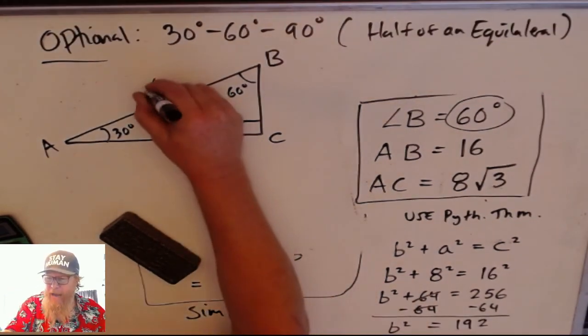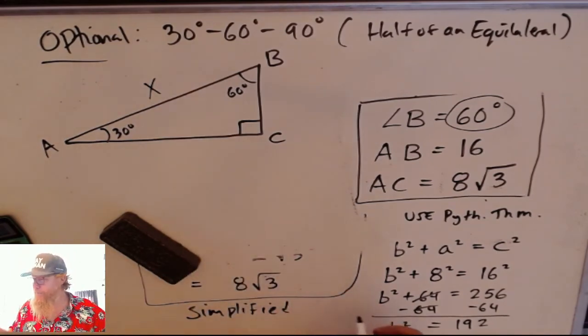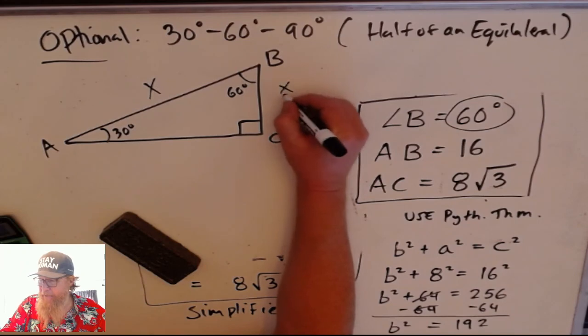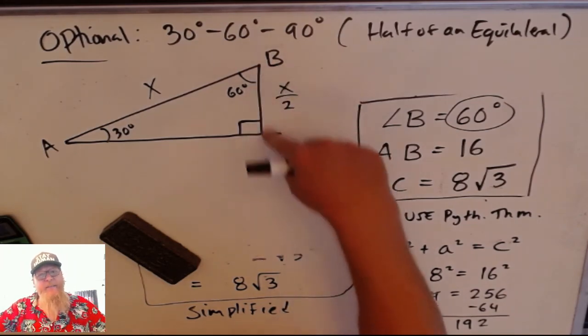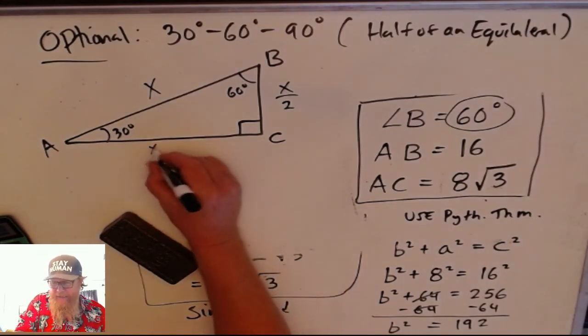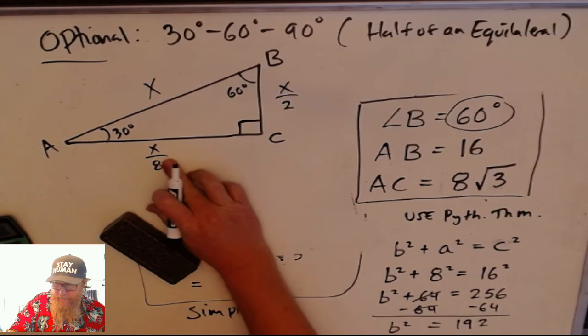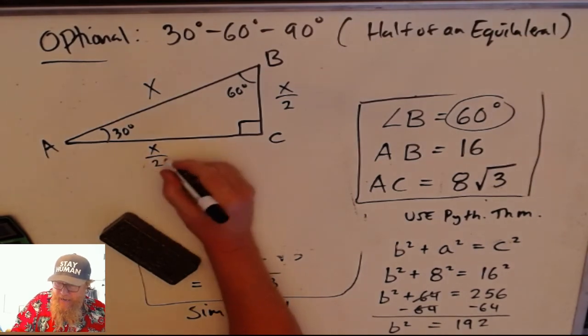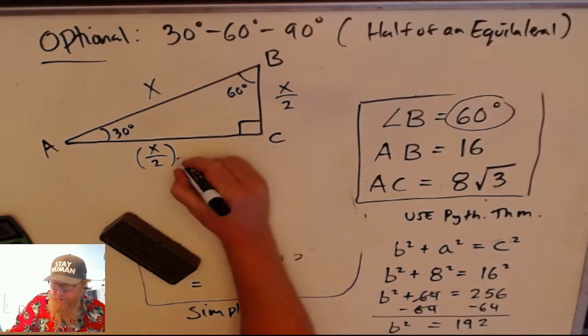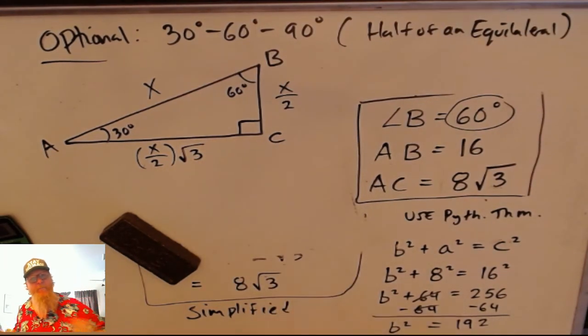Okay, whatever the hypotenuse is, this side is half of whatever the hypotenuse is. And then this side is the same as that, multiplied by the square root of 3.